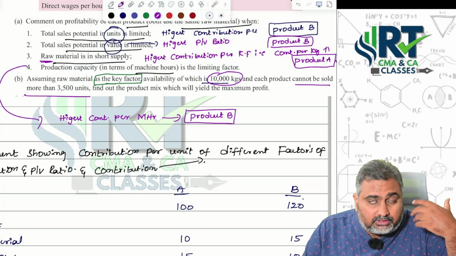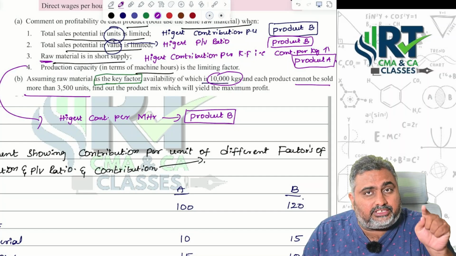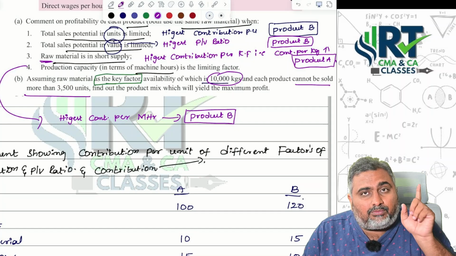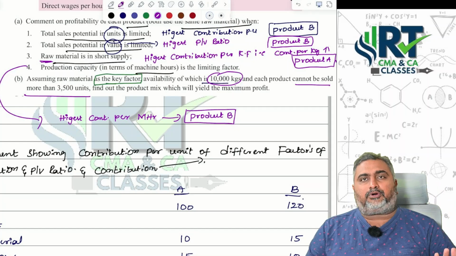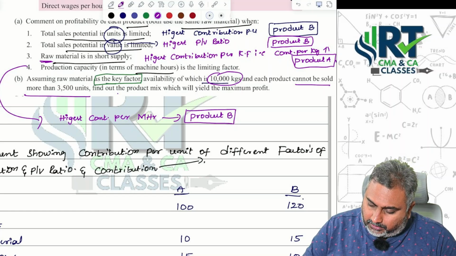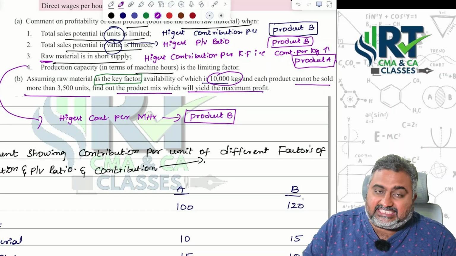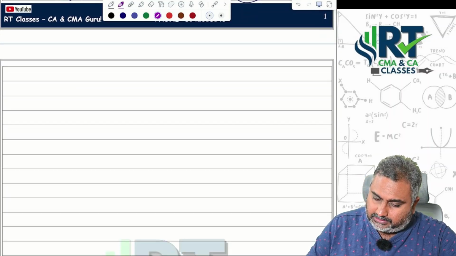Normally you can do that if you have that kind of available resources with you. But they are going with one condition. What is that? Maximum you can sell 3,500 units only for each product. You are not supposed to sell more than that. So find out the product mix which yields the maximum profit. That is the reason we are going for a key factor analysis.